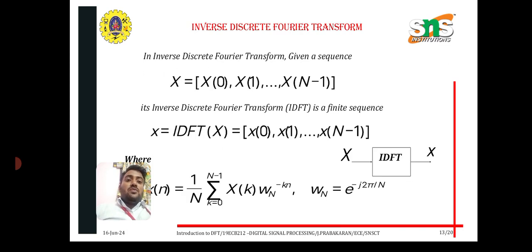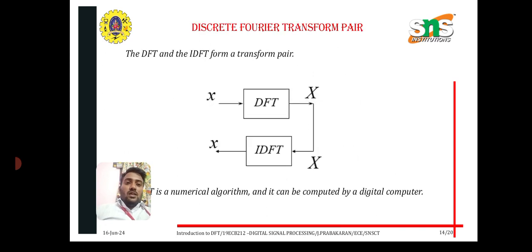Similarly, the inverse discrete Fourier transform x of n equal to 1 divided by capital N, where the length of the sequence is represented by capital N, 1 divided by capital N summation k equal to 0 to N minus 1 X of k into W N power minus kn. W N equal to e power minus j 2 pi divided by capital N. Here you can see DFT and IDFT.